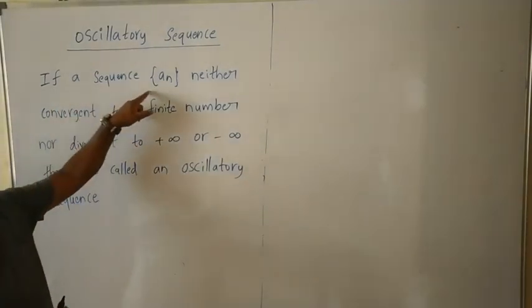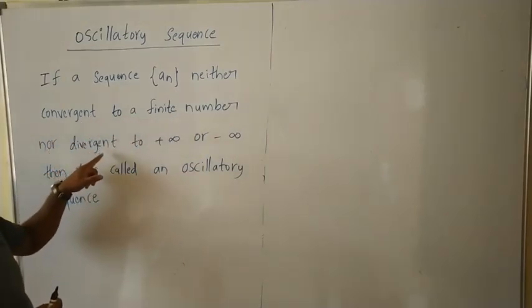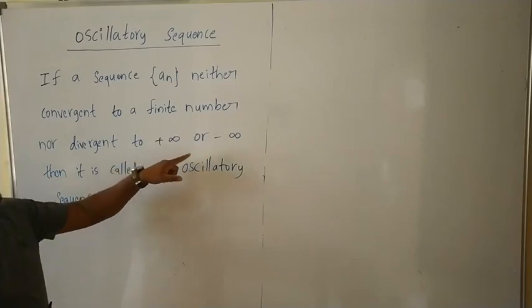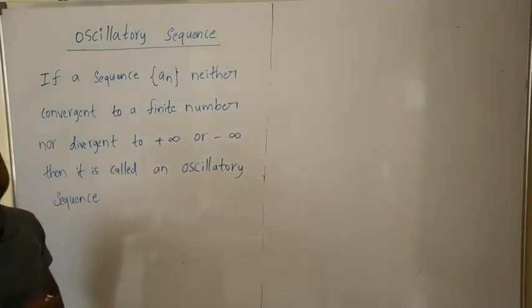If a sequence aₙ is neither convergent to a finite number nor divergent to plus infinity or minus infinity, then it is called an oscillatory sequence.